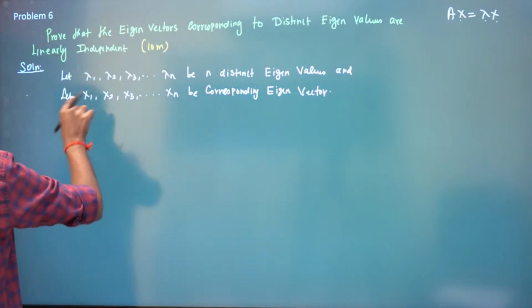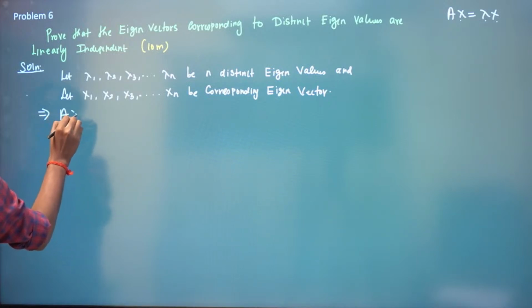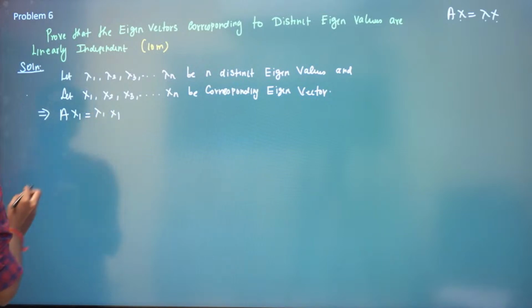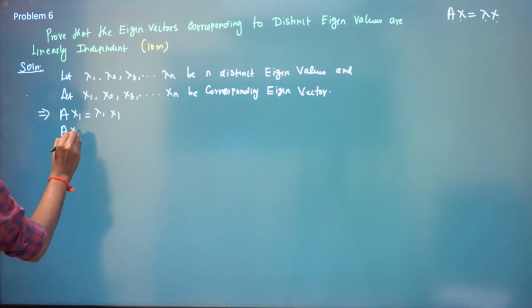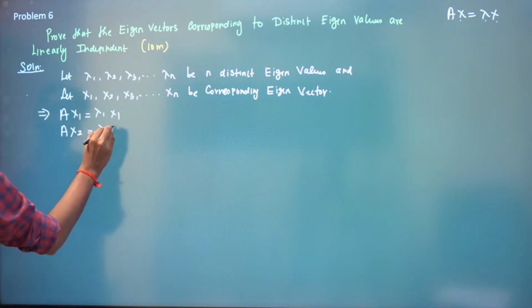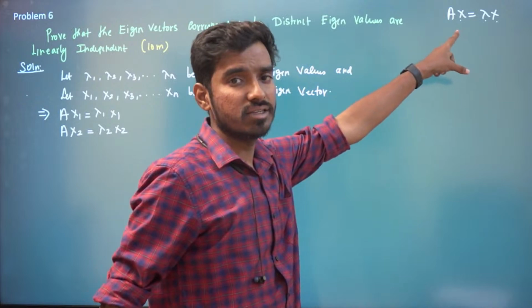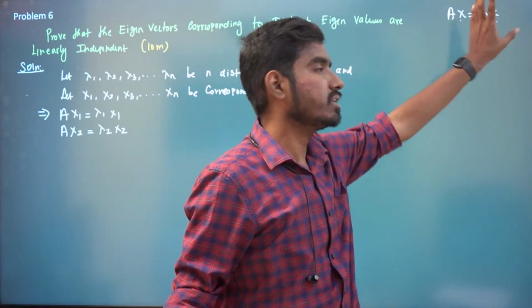So for lambda 1, x1 is the eigenvector. This implies A x1 is equal to lambda 1 x1, right? And for lambda 2, x2 is the eigenvector. That means A x2 is equal to lambda 2 x2. Just apply the definition. A non-zero vector x is called an eigenvector for an eigenvalue lambda if Ax equals lambda x.